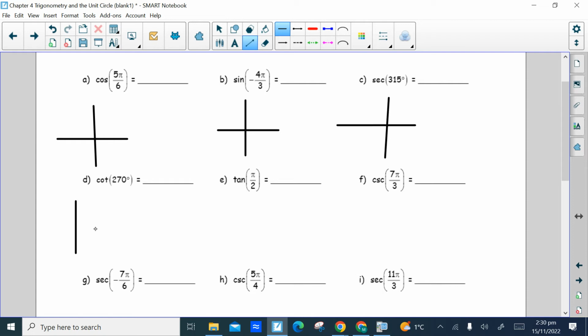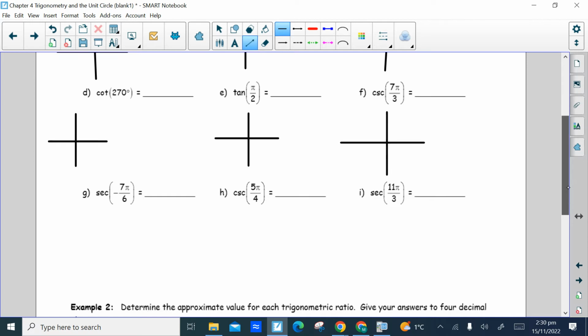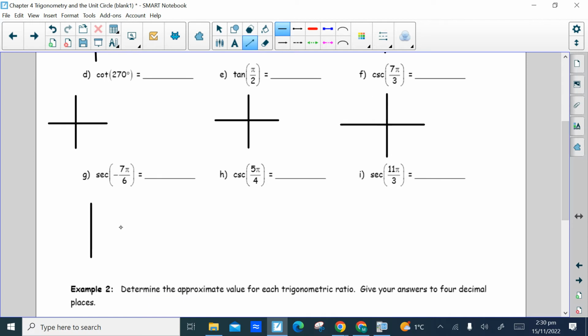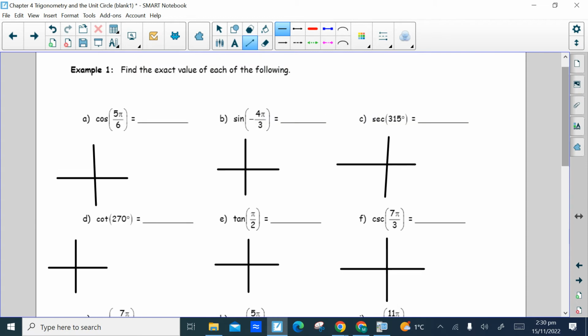That'll tell us whether the answer is positive or negative. And then we'll use the values from the first quadrant and a reference angle to get our answer. And like I showed you guys last class, we can always use our calculator to check our answer. Make sure that it's correct.